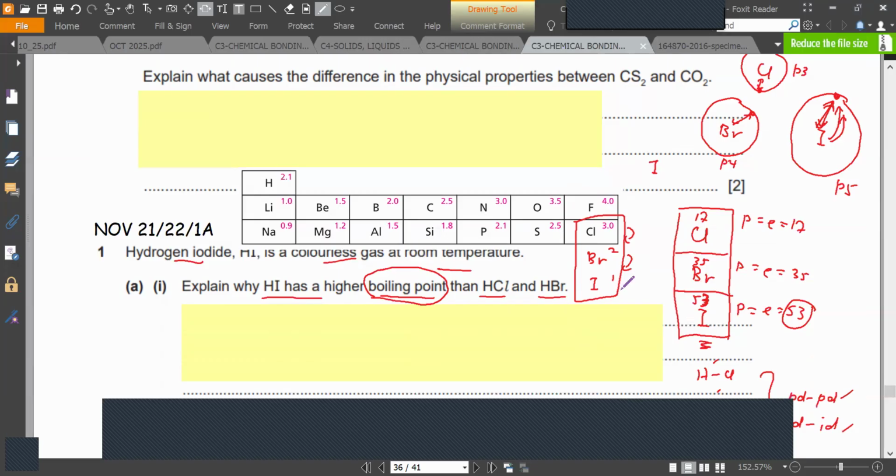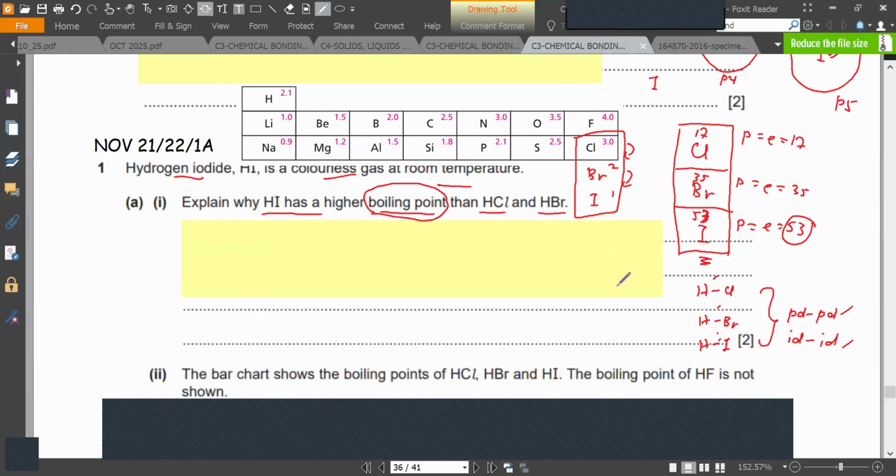So now if we compare the PD, permanent dipole, HCl, HBr, HI, which one is having a stronger dipole?